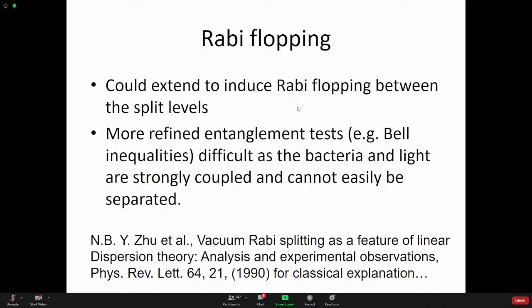And this would be yet another quantum aspect that was not really probed in this experiment, but as far as I can tell, could in principle be done.